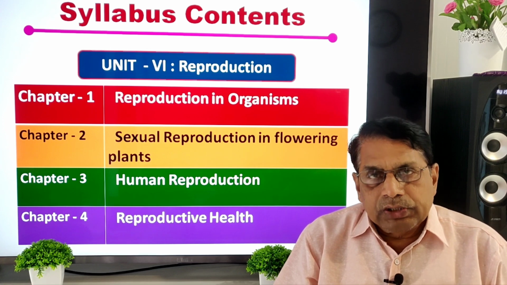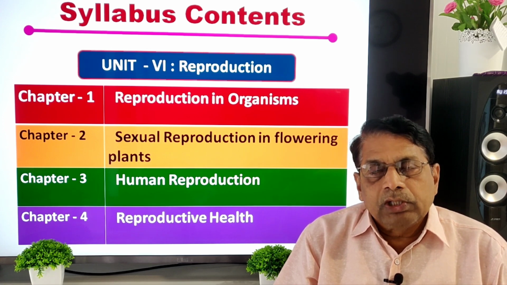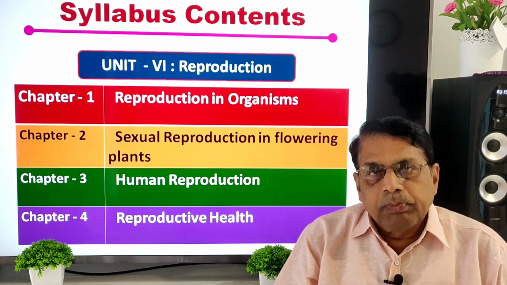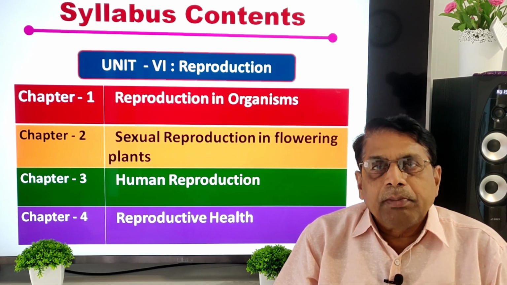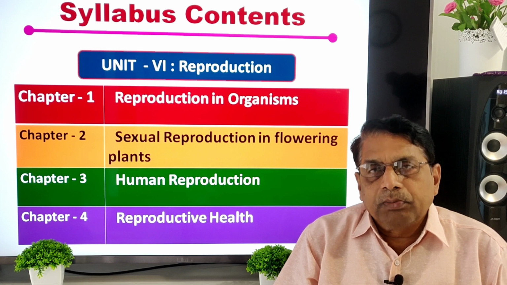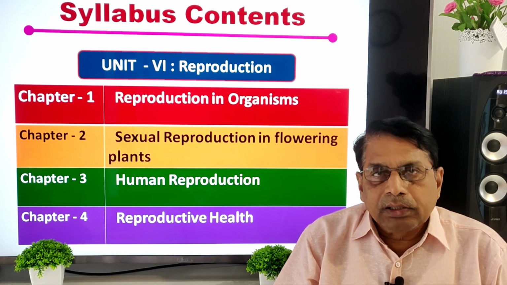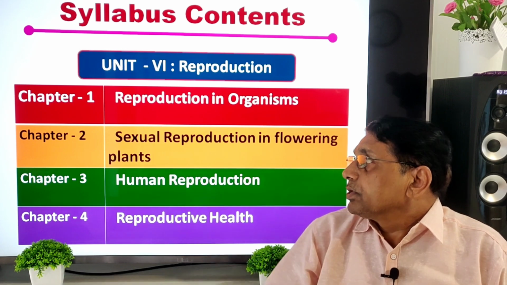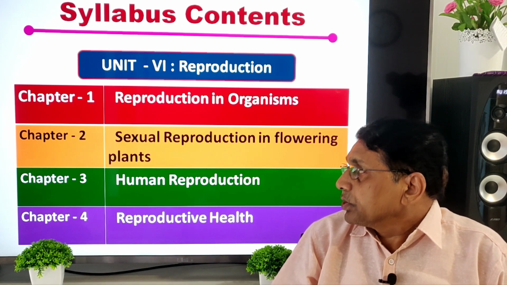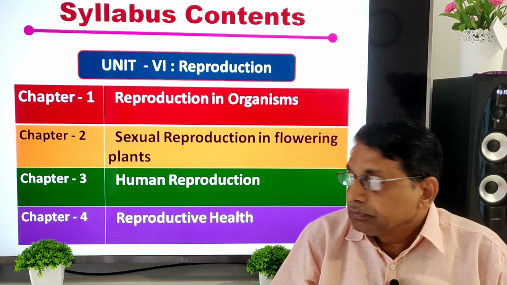Post fertilization, the zygote undergoes divisions and produces the embryo. From the embryo, the plumule, radicle and cotyledons develop. These aspects we will study in sexual reproduction in plants.